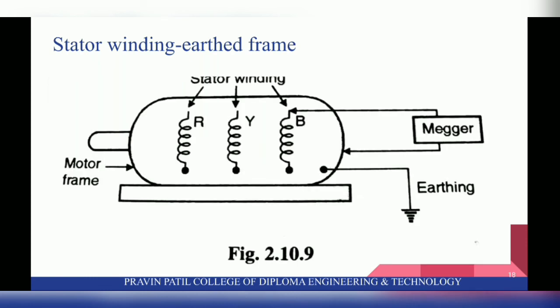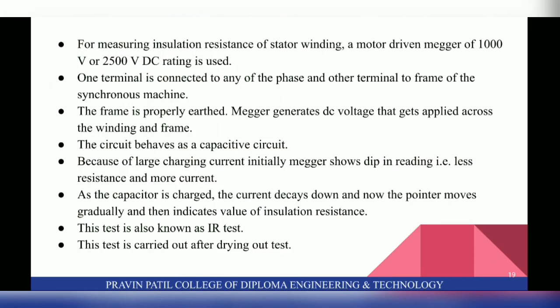This is the diagram for the stator winding and earth frame connection of the Megger. You can see the Megger is connected to the stator winding and frame. For measuring insulation resistance of the stator winding, a motor-driven Megger of 1000 volt or 2500 volt DC rating is used. One terminal is connected to any of the phases and the other terminal to the frame of the synchronous machine.